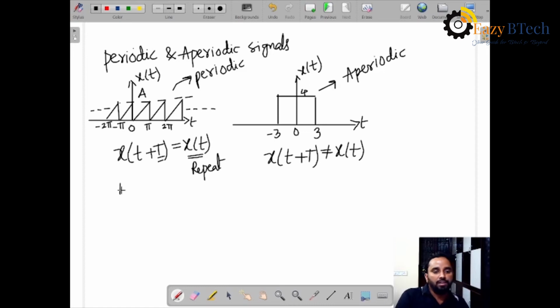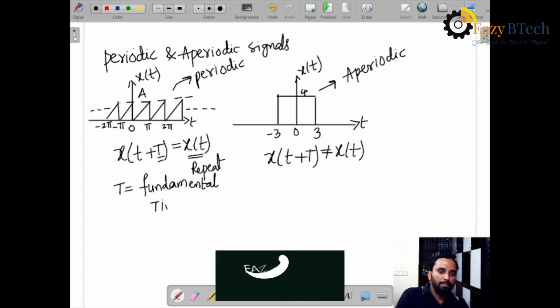So here capital T is called the fundamental time period. What is the fundamental time period?